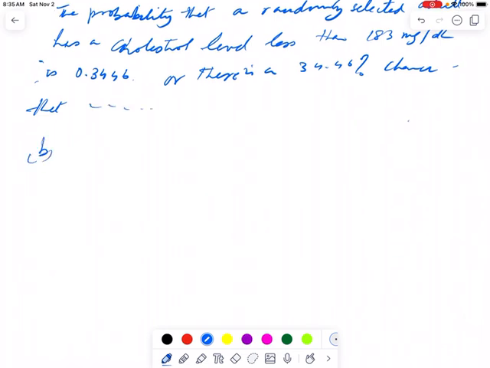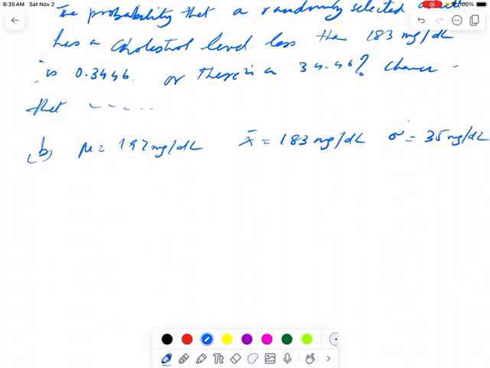So our mu is the same, 197 mg per dl. Now this 183 is not x this time, it is going to be x bar, or the average. So 183 mg per dl, and then sigma is still 35 mg per dl.